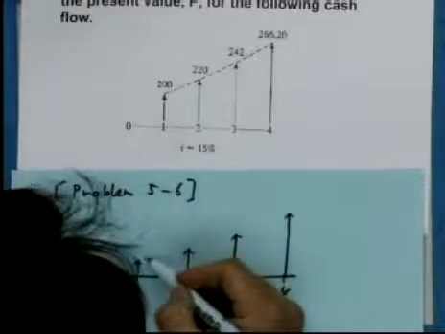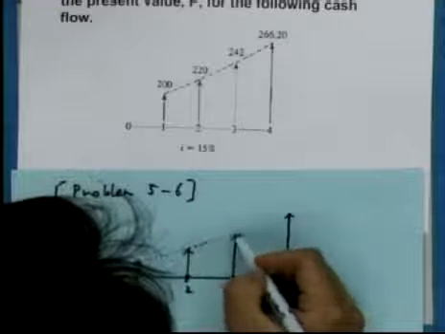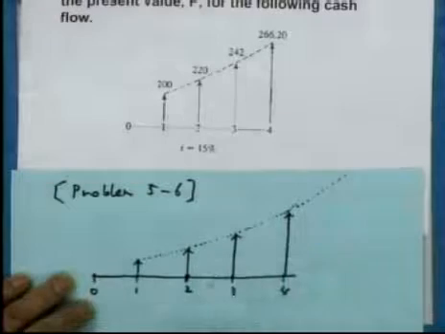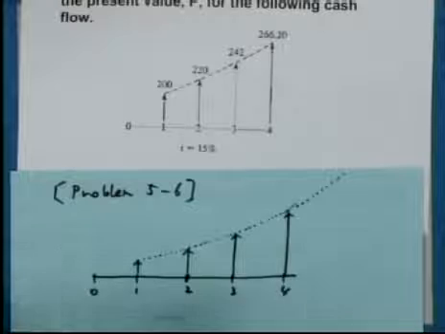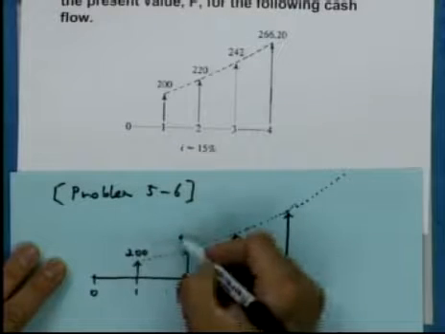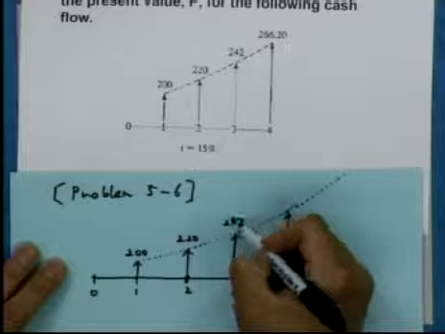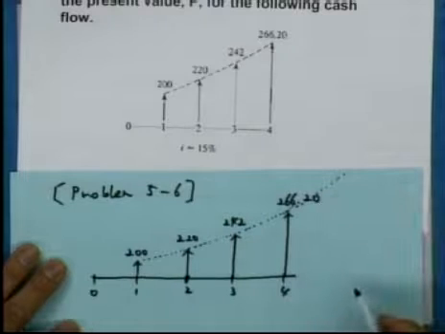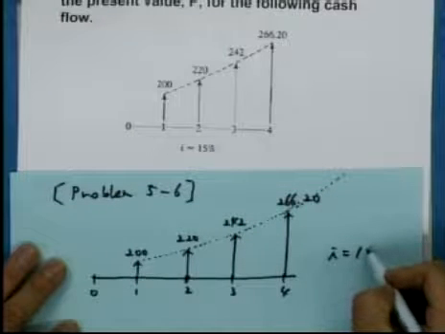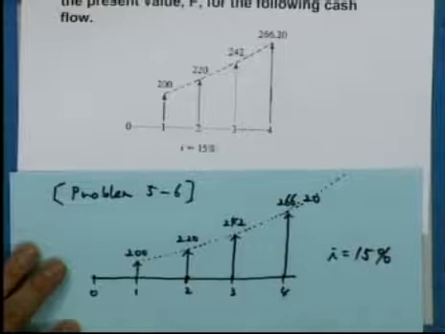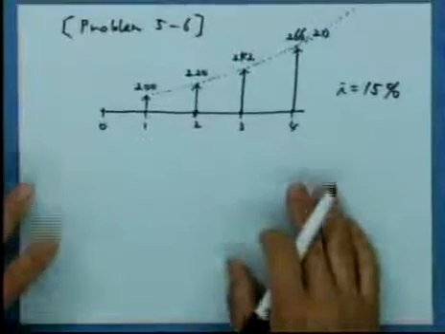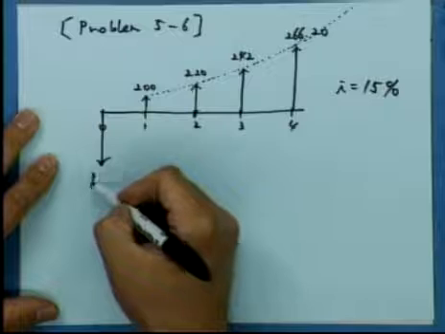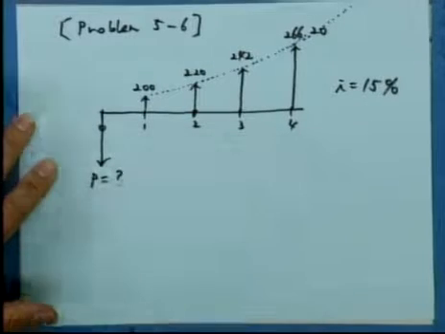Something like this, okay? So here we have 200, 220, 242, 266.20, okay? And the interest rate we are going to use is 15%. So we want to know the present value, P, okay?